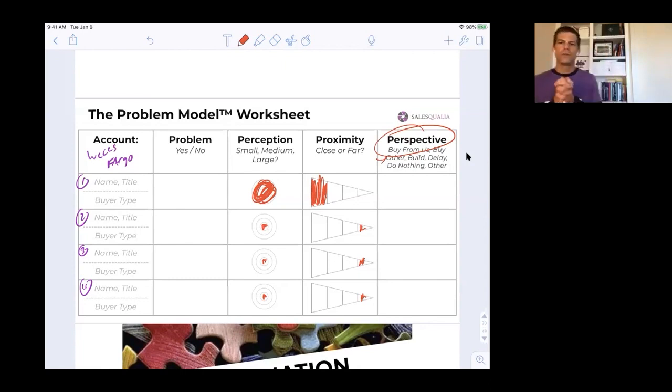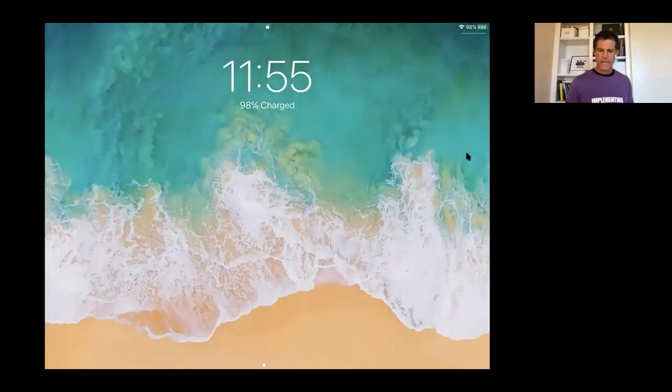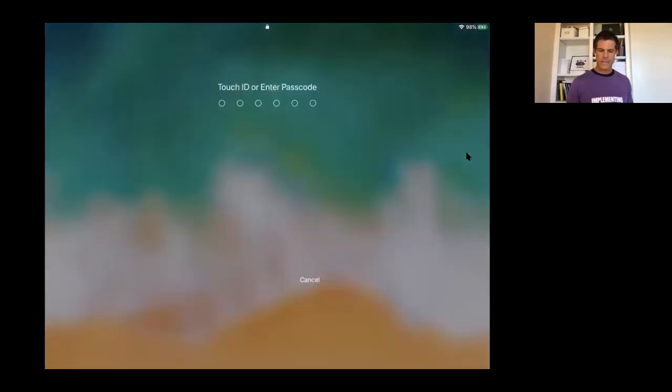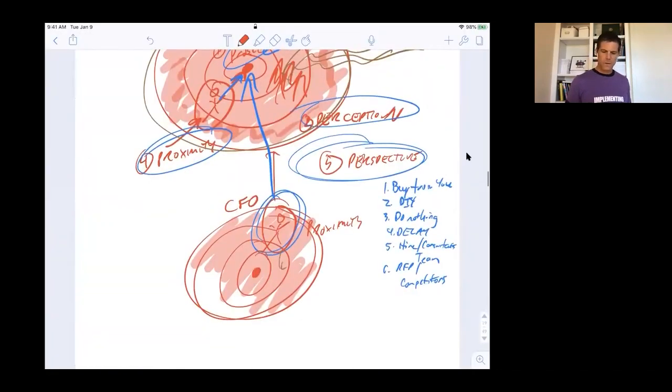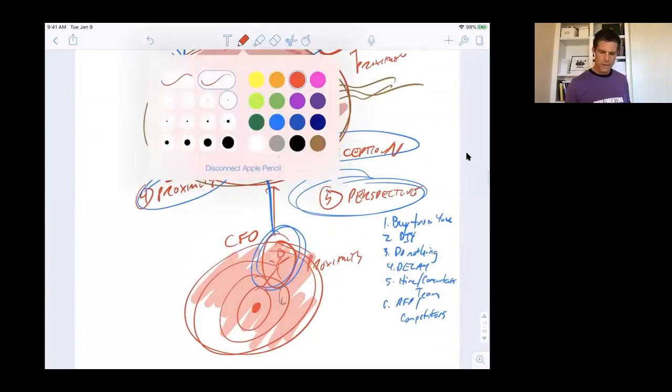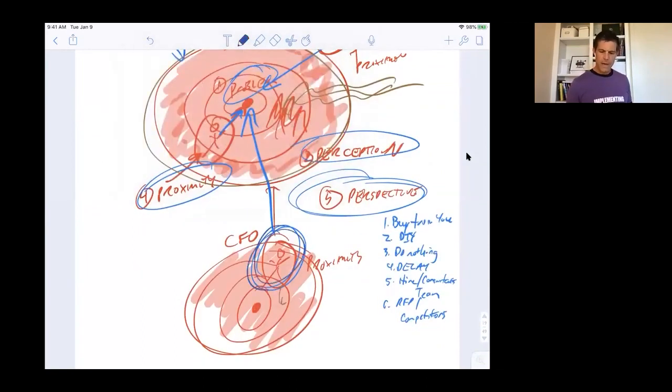Octavian is asking, when will you discuss how you might fix the proximity problem? You can't fix the proximity problem. There's nothing to fix. If this CFO is way out here and they're not proximate to the problem, then it's simply our job to keep them informed, keep them educated, and let them know that, hey, this other team is having this issue. We're going to need your approval. We're going to need your perspective on this.